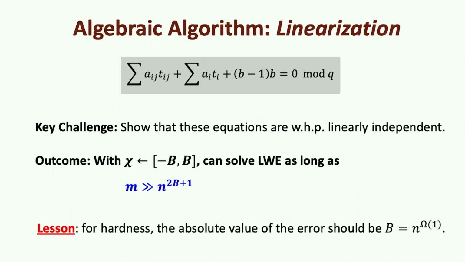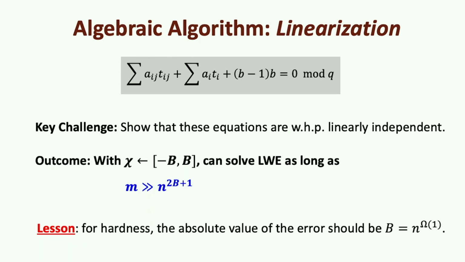Okay, so what is the outcome in any case? If the absolute value of your error is small, I don't know, 0, 1, or -1, 0, 1, or whatever, you can actually solve the LWE problem given sufficiently many equations. So n to the 2b plus 1 equations if the error comes from the interval minus b to b. And this actually is the best known in this direction of attack.